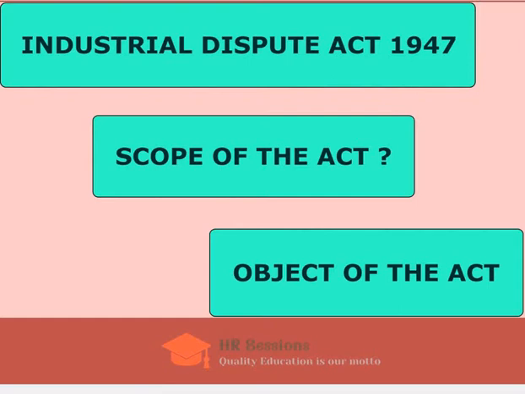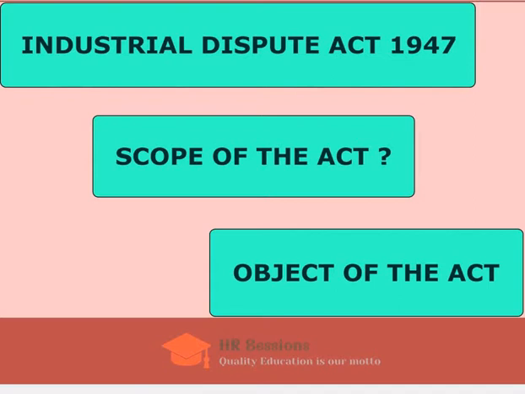The Industrial Dispute Act 1947 was settled under the provisions of the Dispute Act 1929. The working of the 1929 Act revealed a few shortcomings, so a few amendments took place.